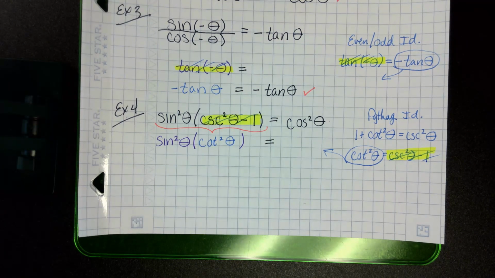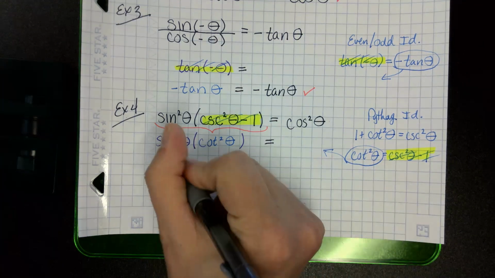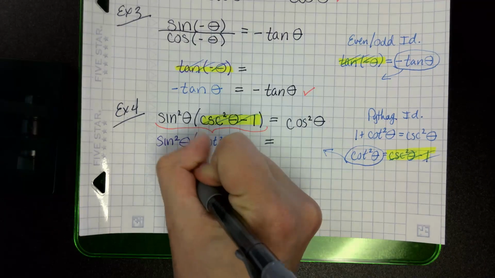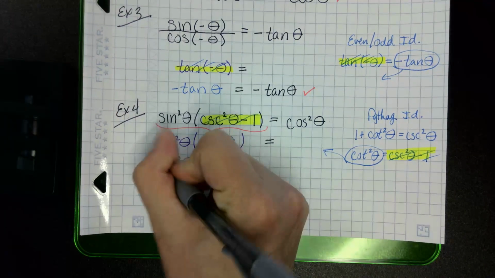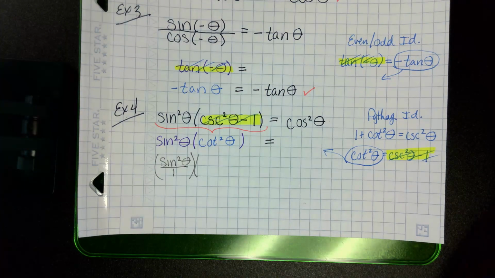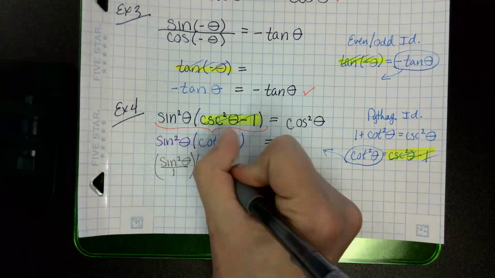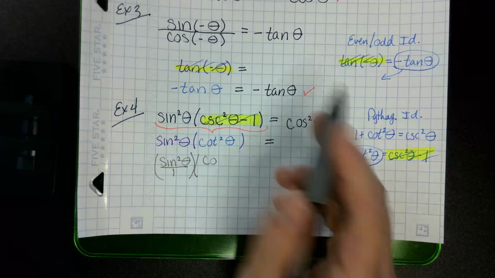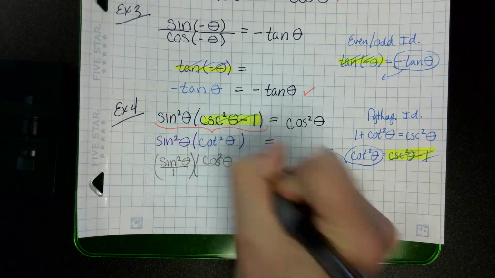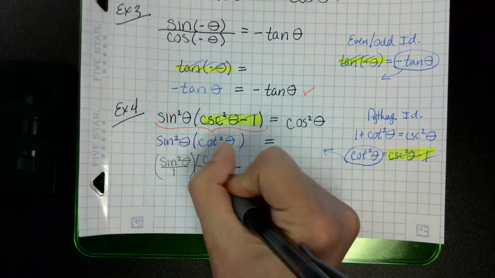I just need to get it out. So I'm turning everything into fractions. Sine squared theta over 1 and then cotangent squared as a fraction is going to be cosine over sine. So, since it's cotangent squared, it's going to be cosine squared theta over sine squared theta.